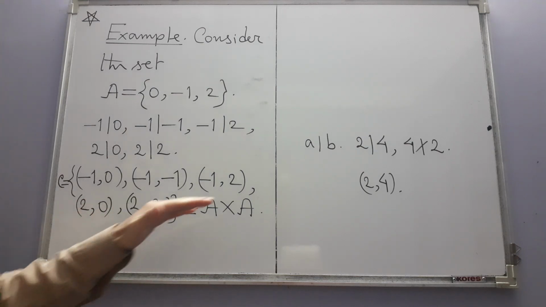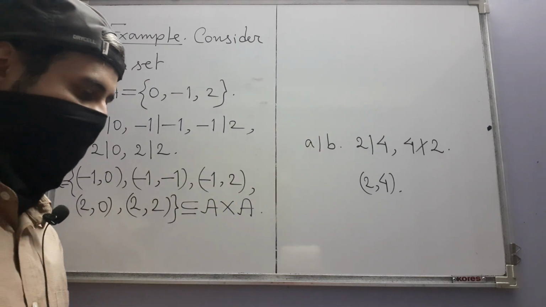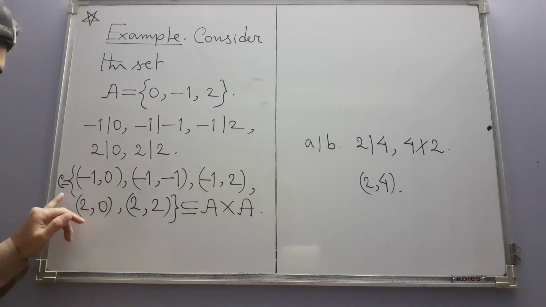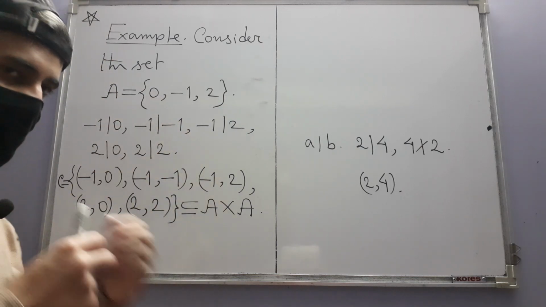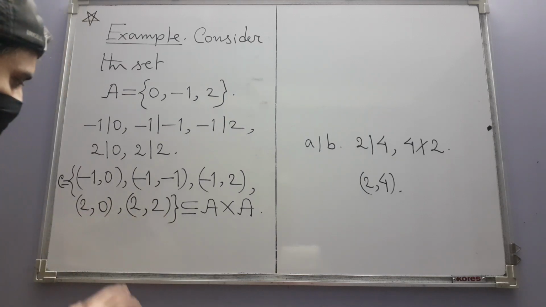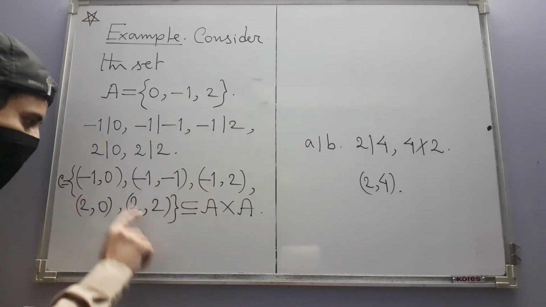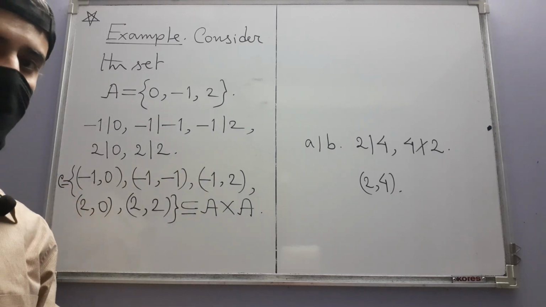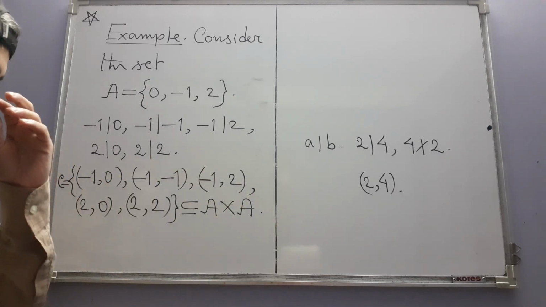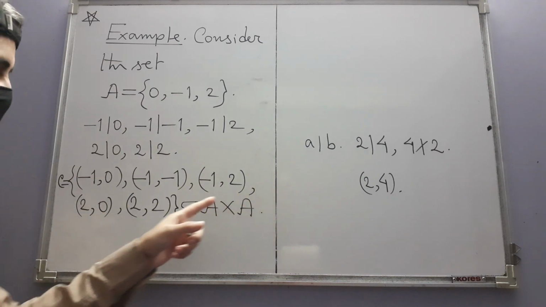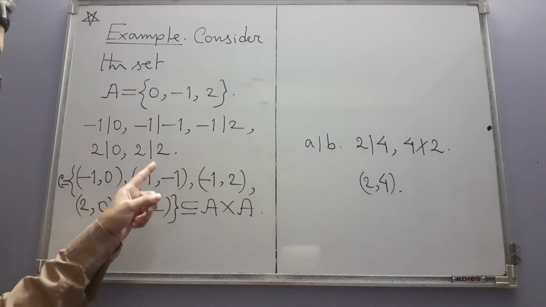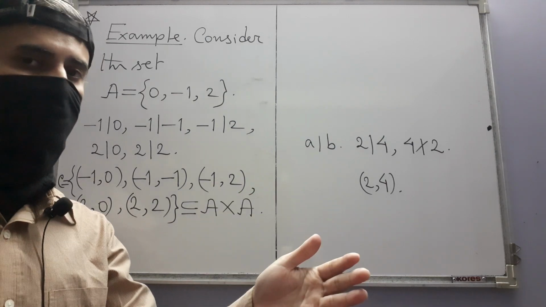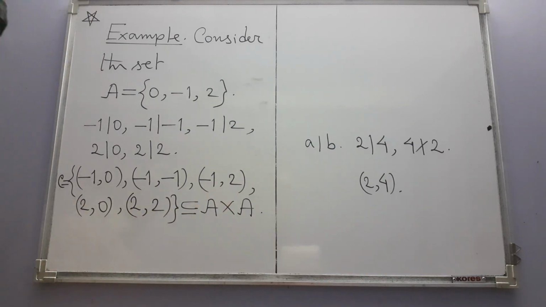That means instead of saying that we are considering the divisibility relation on A, we can also say the set C. The set C itself tells us fully what this relation is, which elements are related to which elements and which elements are not related to which elements. In that sense, for example, we do not see 0 comma something because 0 is not related to anything in that way by this relation.